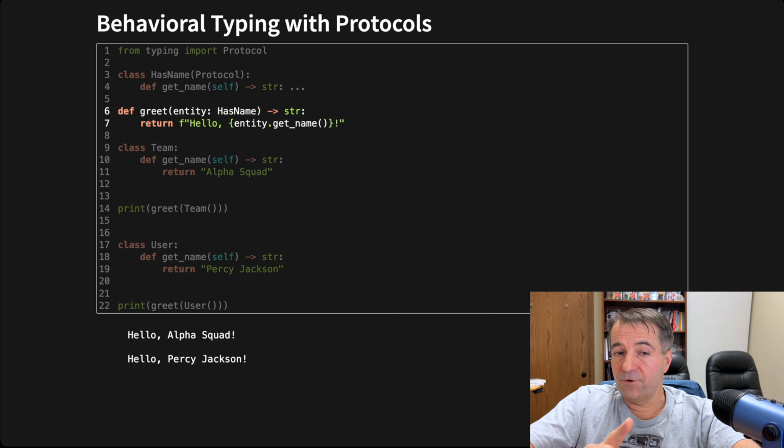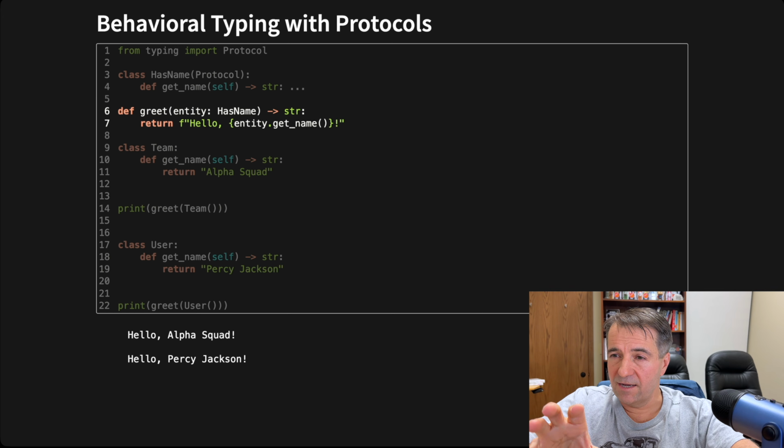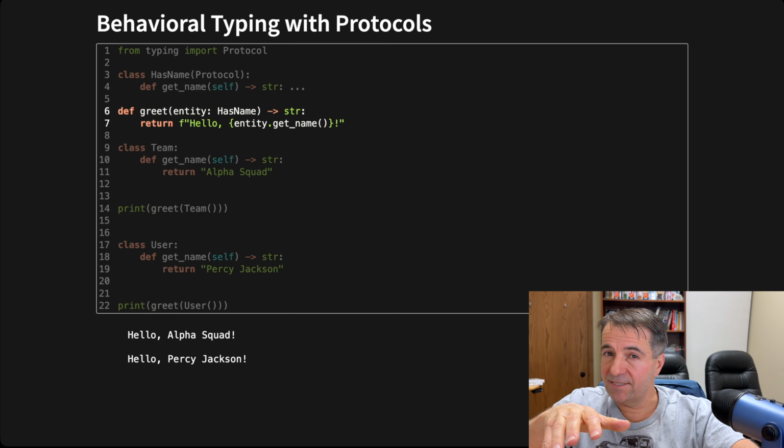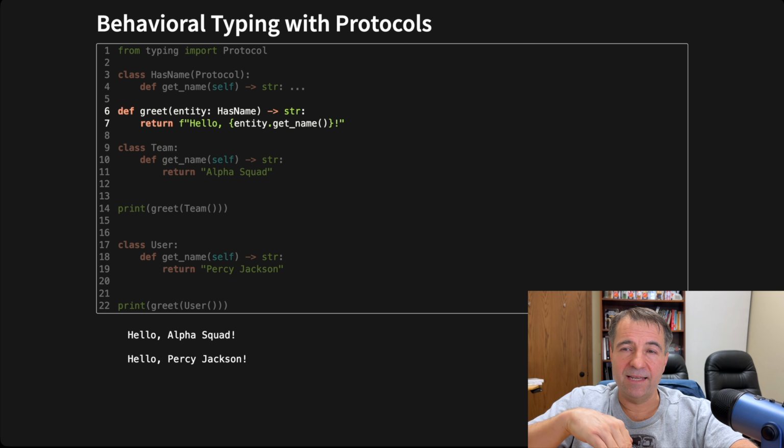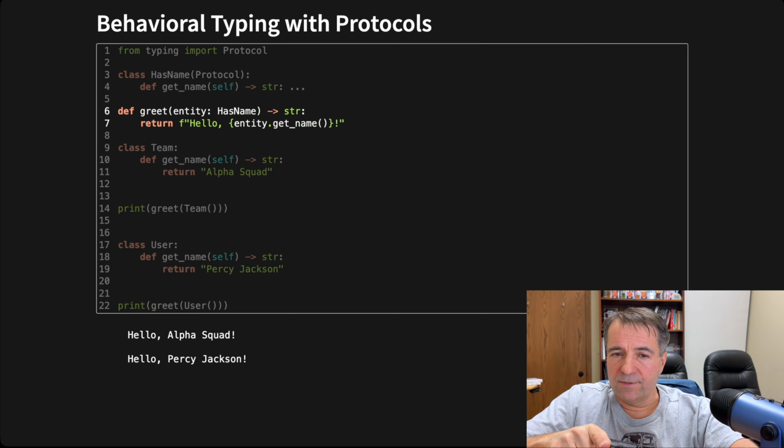So greet is an example of a function that's now got an annotation that says I will only accept functions that have this protocol. In other words, I'm only going to accept something that has a get name method, so that I don't break stuff.